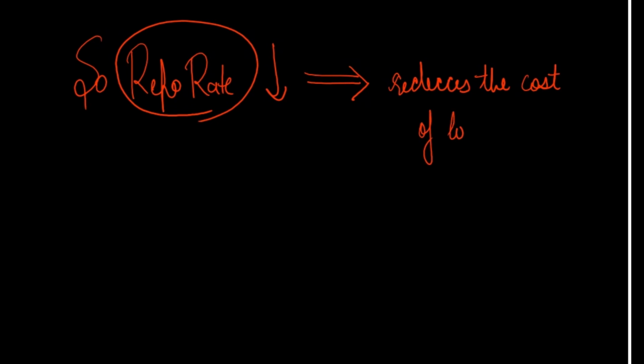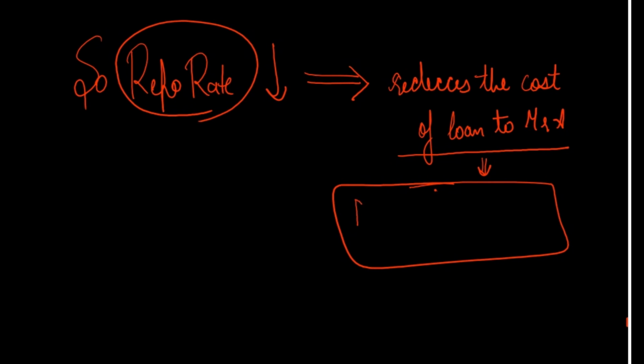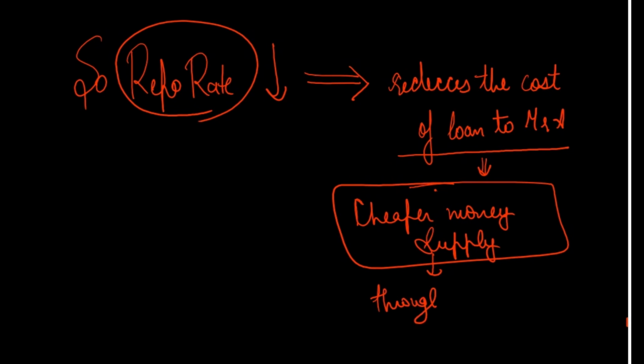So repo rate reduced reduces the cost of loan to Mr. A. This means there will be cheaper money supply through cheap supply of credit.